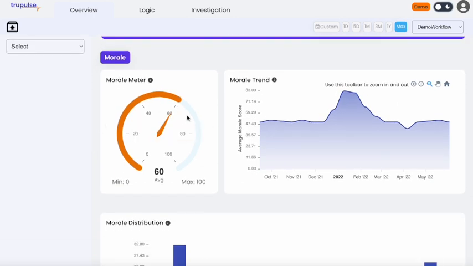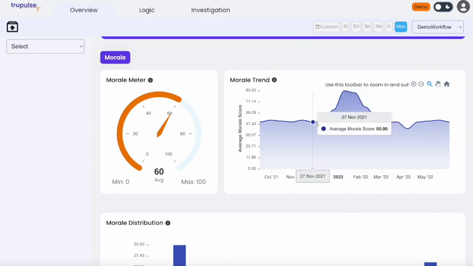As we move down the line, we see a key stakeholder in the dashboard, which is our morale meter. The morale meter represents the average of the current measured population of the latest measurement that we've been able to determine. Next to that is that trend of measurement over time. And really the great value of the morale meter is looking at this trend.